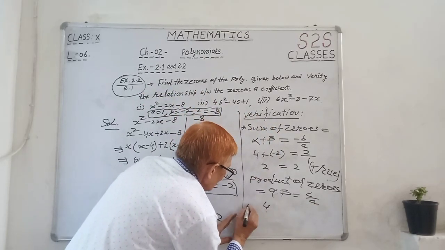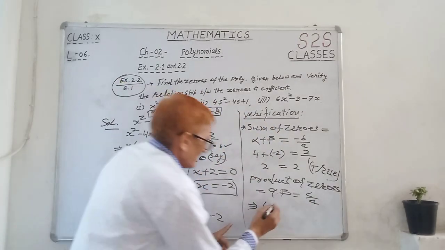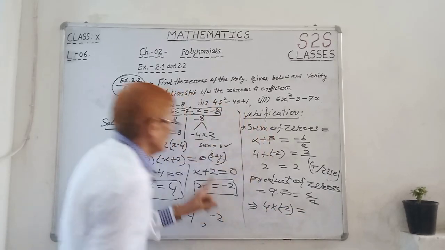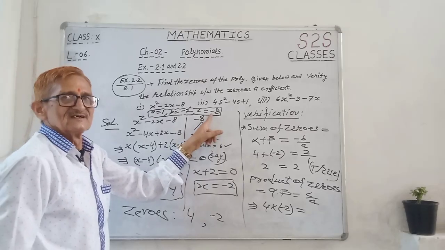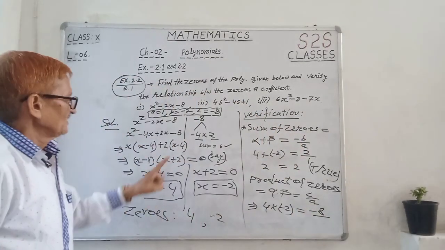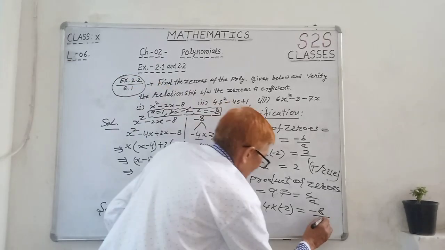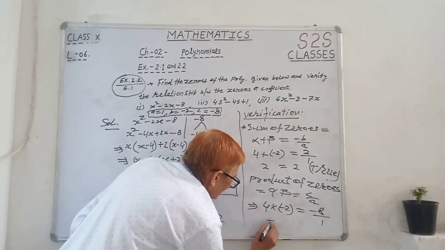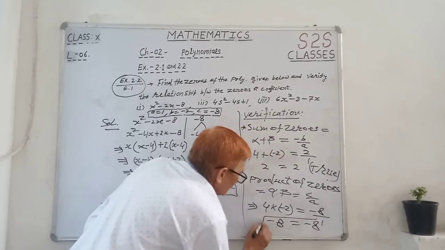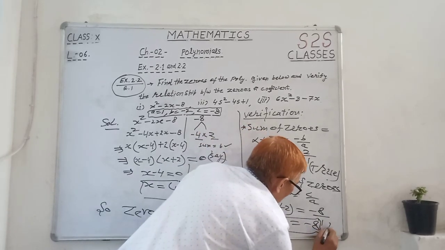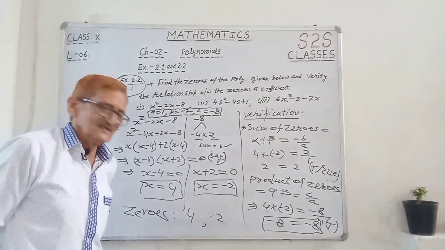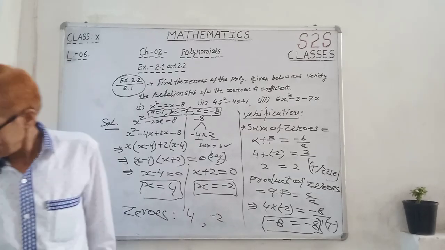Alpha is 4, beta is -2, multiply, and it equals c. C is -8. C is -8 divided by a. A is 1. Now 4 times 2 is 8, so -8 equals -8 upon 1, which is -8. True. Hence verified. Hence verified, we have to write.